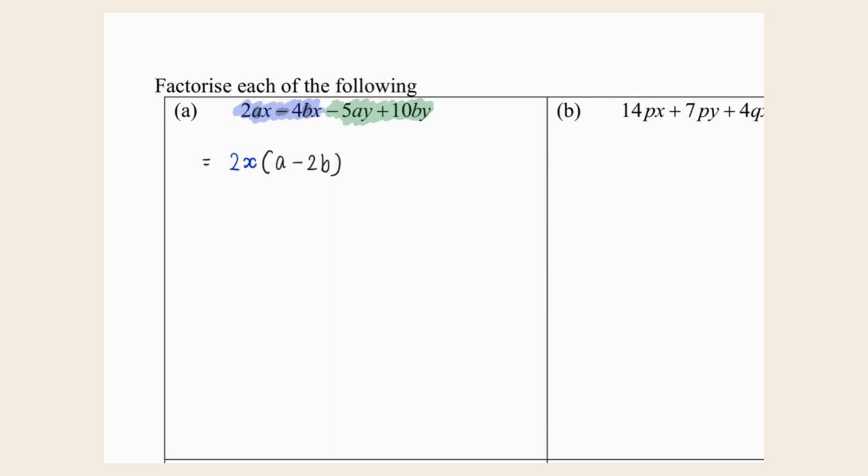I'm left with 2. As for the other group, the green color group, I am going to take out negative 5. And I also saw that y is a common factor. Once I extract negative 5y out, I would simply be left with a.